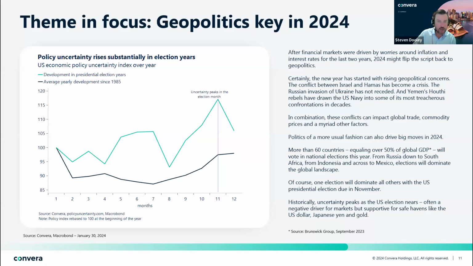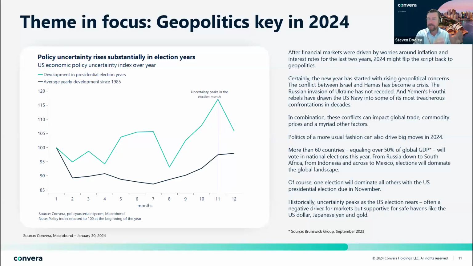So uncertainty in FX markets tends to see risk-sensitive currencies like the Australian dollar, like the Chinese yuan weaken, and safe haven currencies like the Japanese yen and the US dollar strengthen. So that's a risk as we go into the back half of this year.